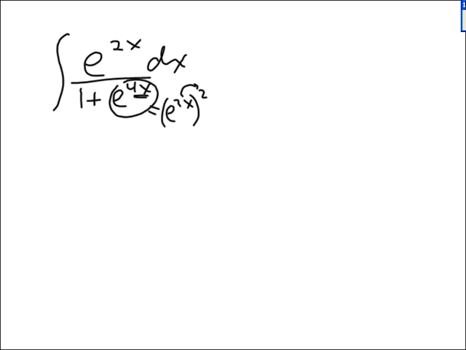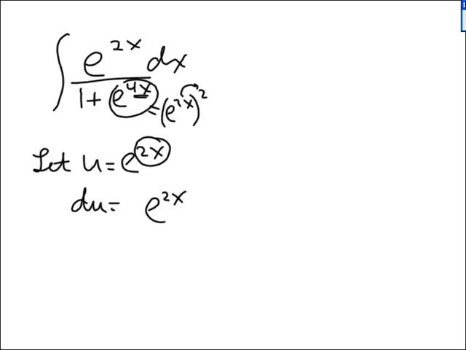So what I'd probably do is first let u equal e to the 2x. Then du will be e to the 2x times the derivative of 2x, which is 2, or the differential, which is 2 dx. That is, the top is very close to du. You put a 2 in and you bring out a half.